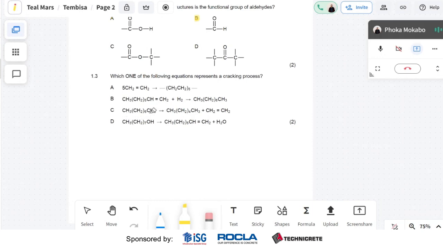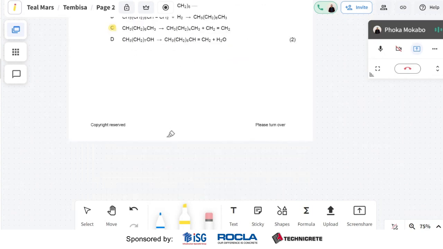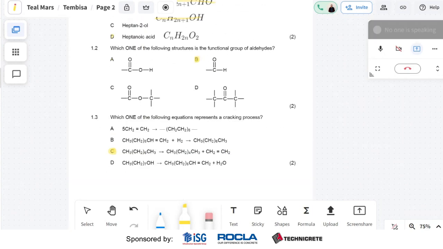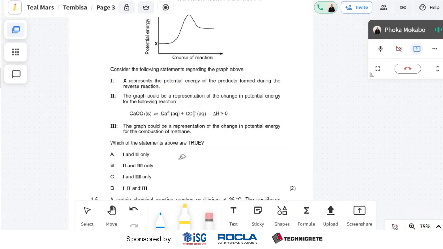We start off with octane, breaking off to give us hexane, as well as ethene. Right, so in actual fact, yes, this is our answer, 1.3 C. Right, let's move on to the next section.